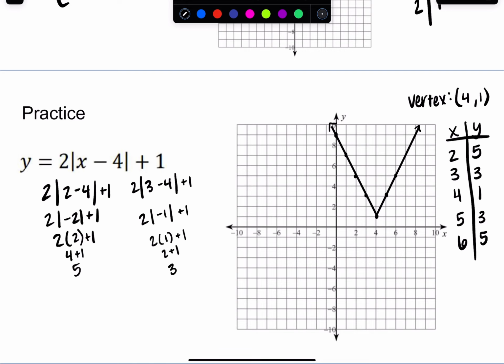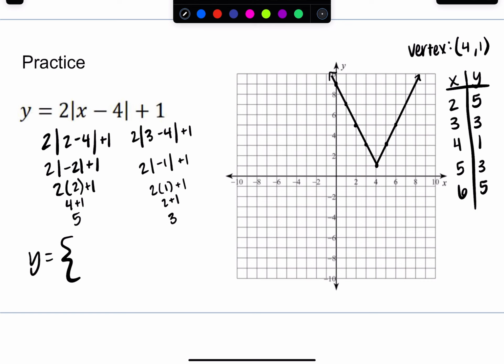All right, so now y equals my piecewise function. My left line, I have a slope of down 2 over 1, so -2. And then my y-intercept is at +9. And my interval for that, the left side, is less than your vertex at 4.